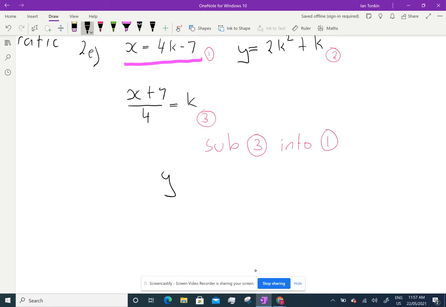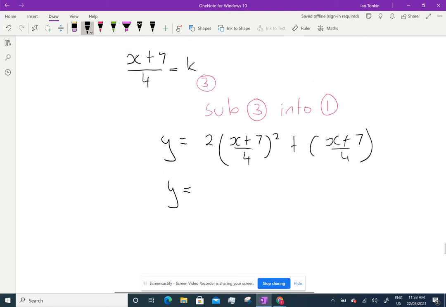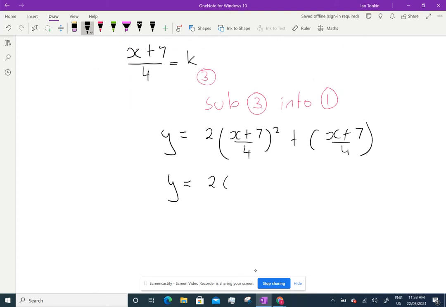I get y equals, watch this, 2, the whole thing, x plus 7 on 4, all squared, plus x plus 7 on 4. Okay, so y equals 2, I'm just going to leave that as x plus 7 all squared on 16 plus x plus 7 on 4.